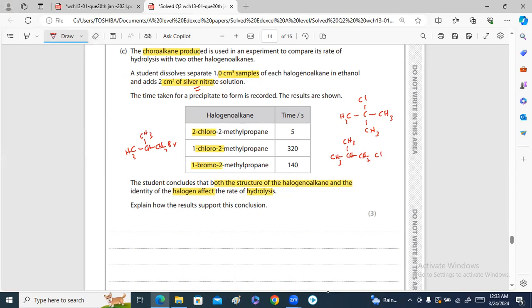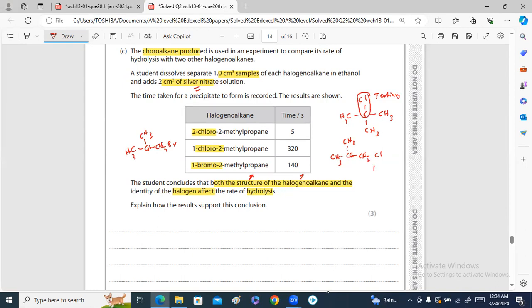The student concludes that both the structure of the halogenoalkane and the identity of the halogen affect the rate of hydrolysis. Okay, just look at the structure. This is the tertiary halogenoalkane, which contains a C-Cl bond.